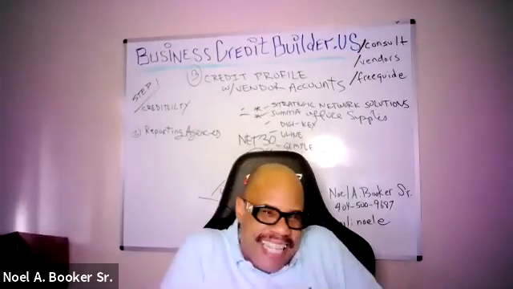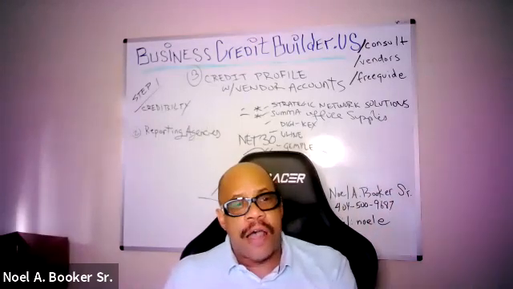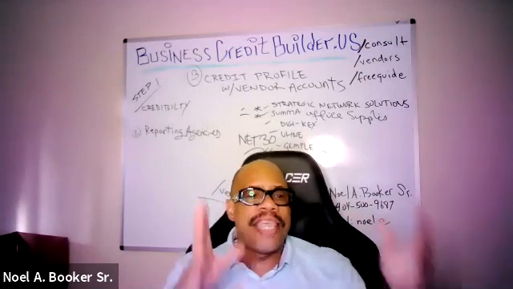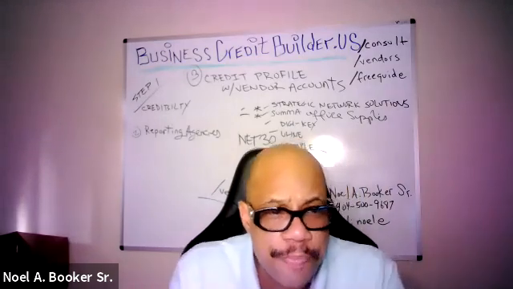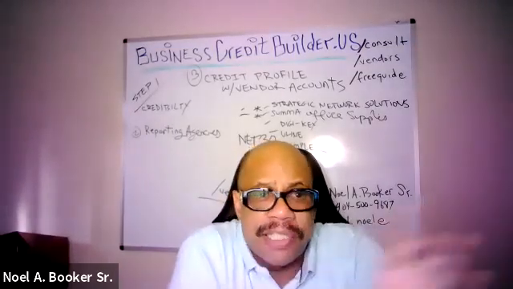So, how to create your credit profile using your vendor accounts. In order to even start this process, one, you have to have your business set up properly, which is step 1. That's credibility.